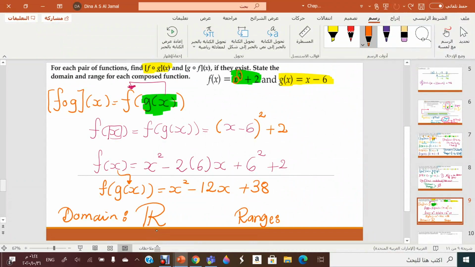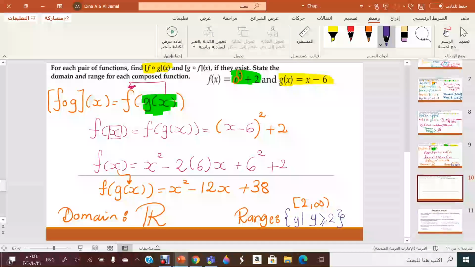Whether you write it in the points as 2 to infinity, or you can write it with the set builder notation, which is values of y such that y must be bigger than or equal to 2. That's it. So that was the part of the question when you want to find f of g.